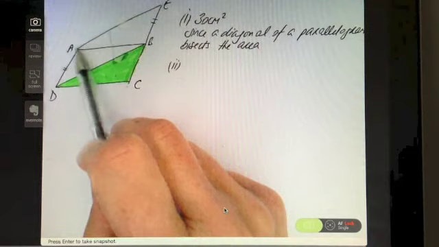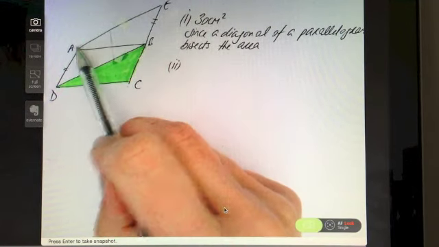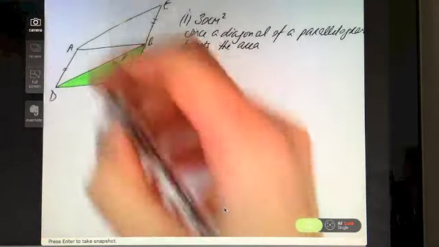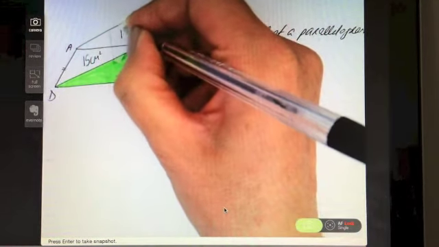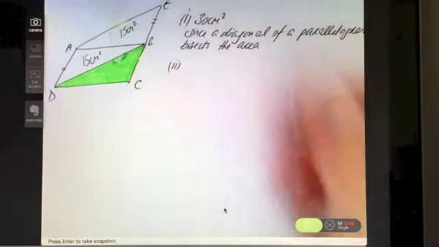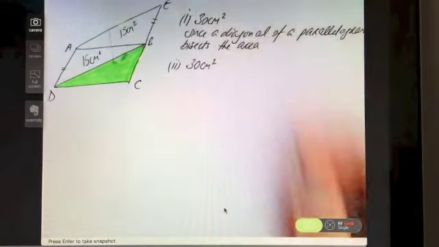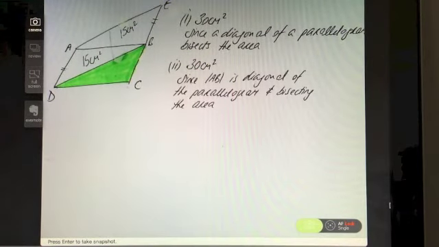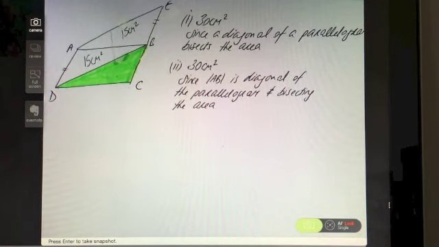And so AB is a diagonal there that is bisecting that parallelogram, and since we know that this area is 15 centimeters squared, we know then that this area must also be 15 centimeters squared. So this must be 30 centimeters squared as well, since of course AB is the diagonal of the parallelogram and bisecting the area.